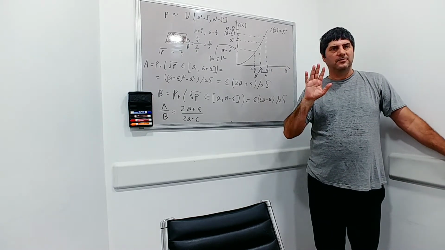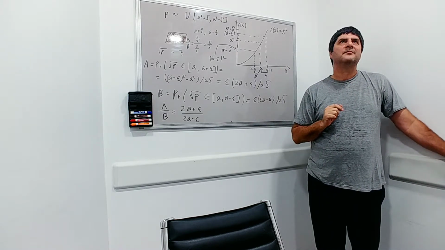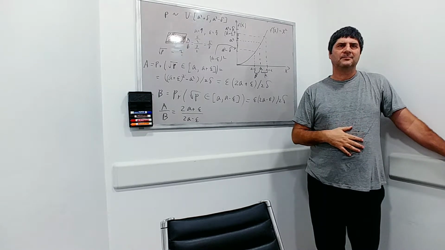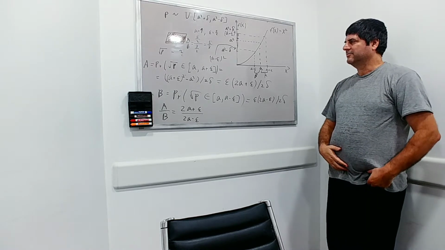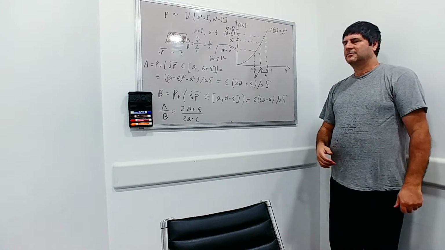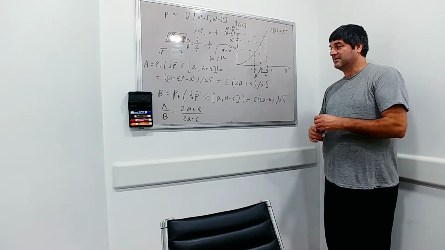Okay, now you want to say something? Yes. Can you deduce the distribution of A? Yeah, you can. B is uniform. Yes. But what type of distribution is A? So that's an excellent exercise.